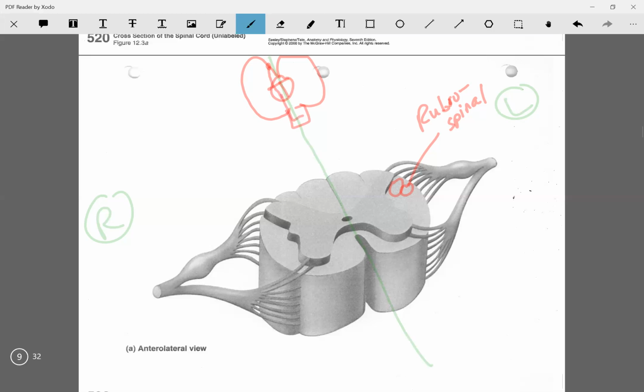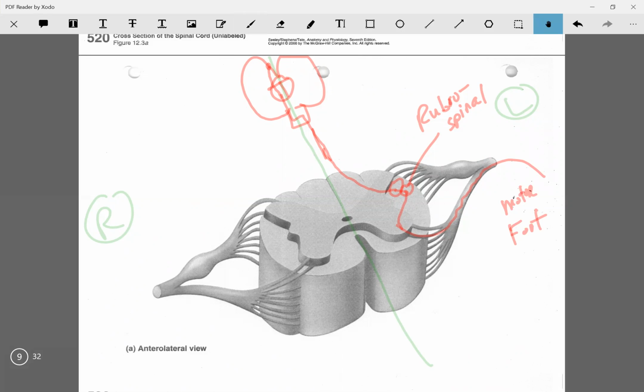Okay, crosses over, hits the rubrospinal, which sends information to the anterior horn, to the ventral horn, so you can have your motor foot. Okay.